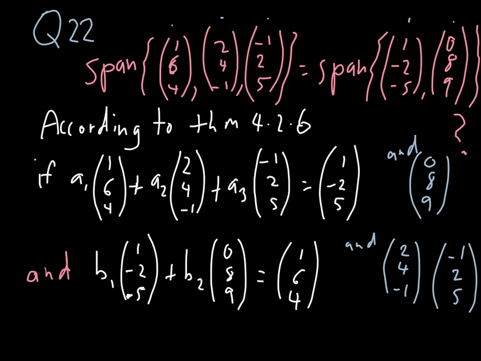And theorem 4.2.6 says if we can find a way to take a linear combination of our three vectors there to make them equal to each and every one of these vectors, and a linear combination of our vectors on the right there to be equal to each and every one of our vectors on the left, then we can say the span of what's on the left is equal to the span of what's on the right.